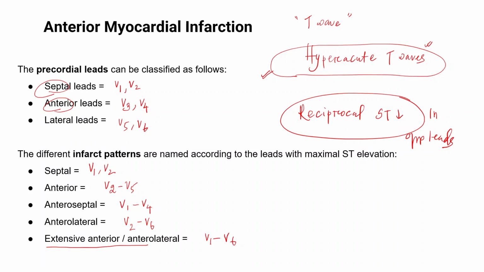So you have to always look at the inferior leads. If there is anterior ST elevation MI, you will find the reciprocal changes in the inferior leads. Reciprocal changes are exactly opposite of ST elevation. That means you will get an ST depression of almost similar pattern. So in case of anterior myocardial infarction, you will get ST depression in inferior leads.